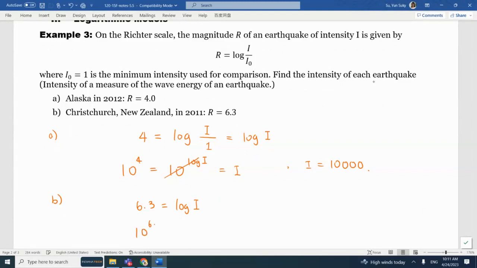Base 10 to the 6.3. Okay. So 10 and log cancel. What is 10 to the 6.3? Use your calculator. Give me 2 decimal places. What's 10 to the 6.3?